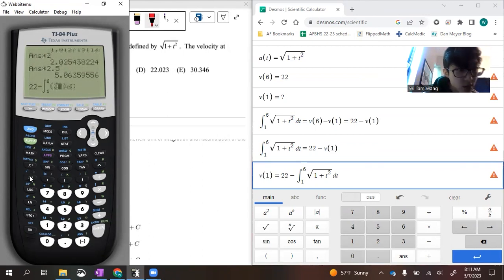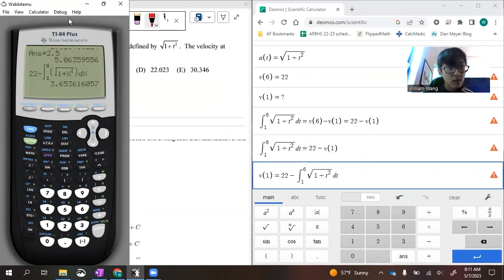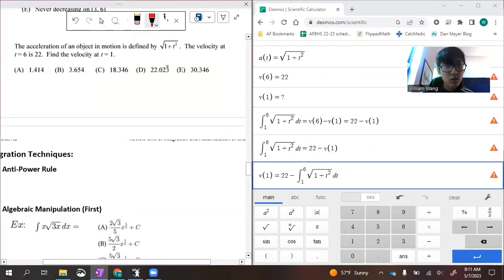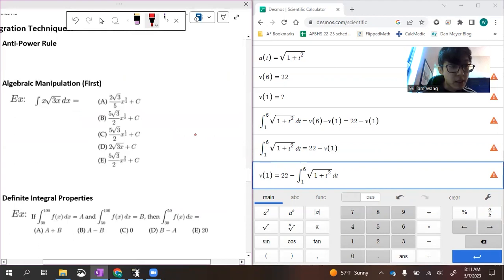So it's second square root of 1 plus x squared dx. Enter. 3.653. So that is going to be answer choice B. Okay, hopefully that makes sense.